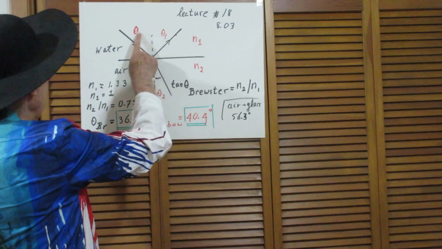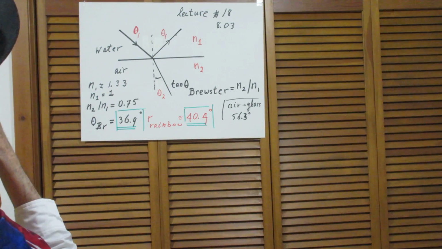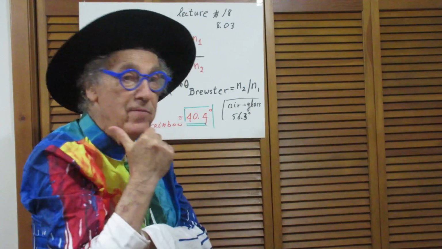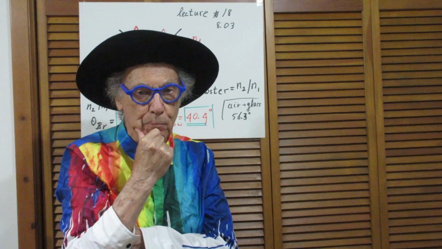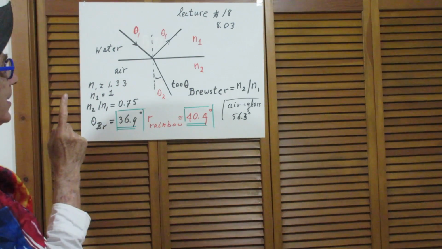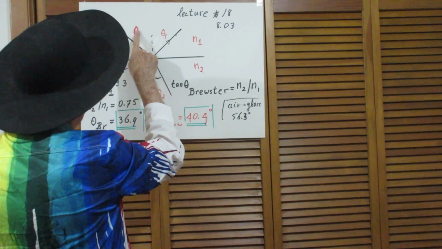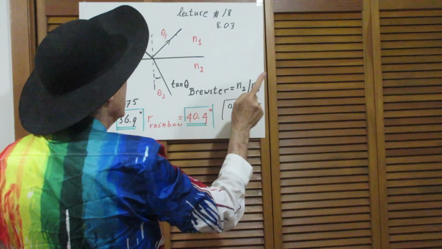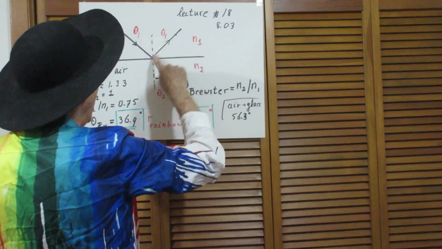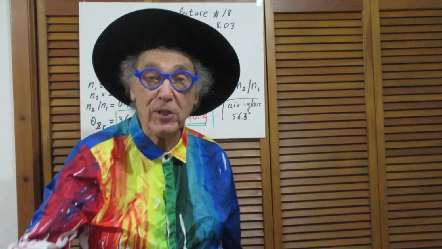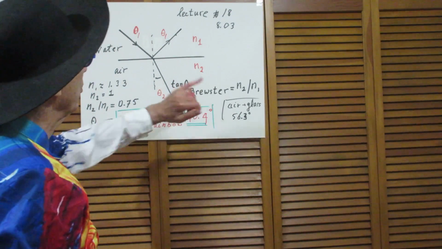When it reflects here, these two angles are the same. I now derive in lecture 18, again it's not simple, that when the tangent of this angle theta is n2 over n1, the reflected light is 100% linearly polarized.